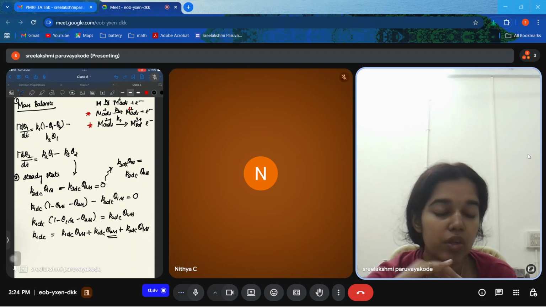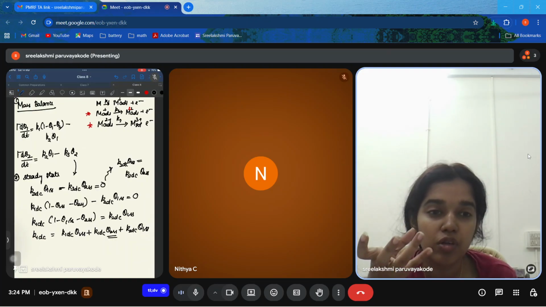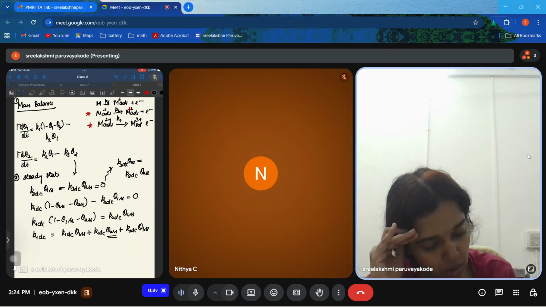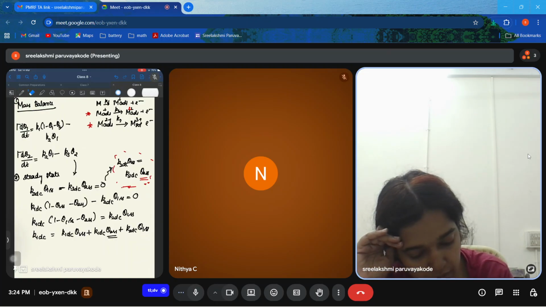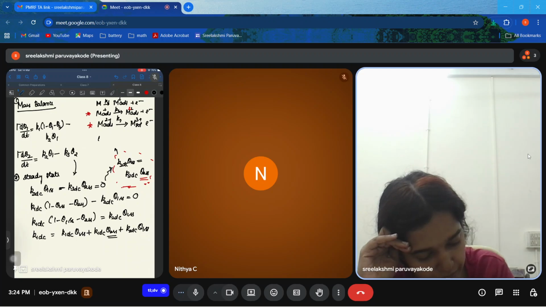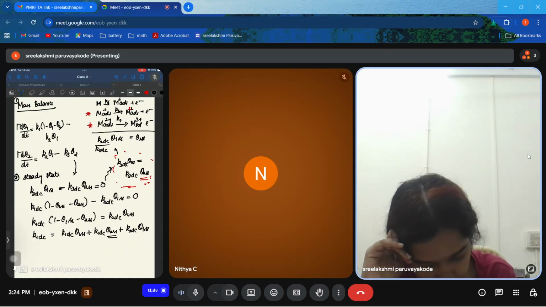So if I have to find theta 1 SS, I have to substitute for theta 2 SS somewhere. From this equation, I know K2 dc theta 1 SS equals K3 dc theta 2 SS, so theta 2 SS equals K2 dc theta 1 SS divided by K3 dc. Okay, so this substitution goes over here.